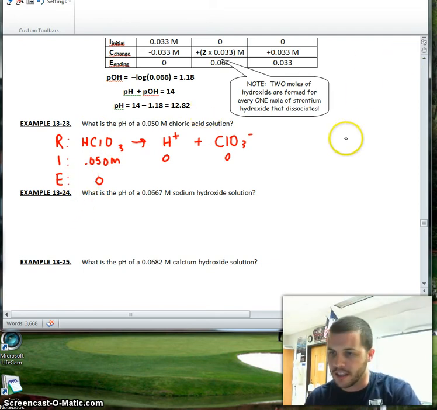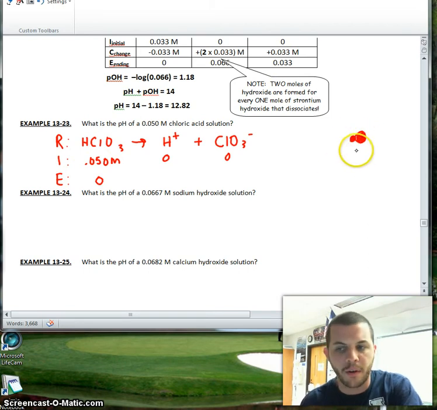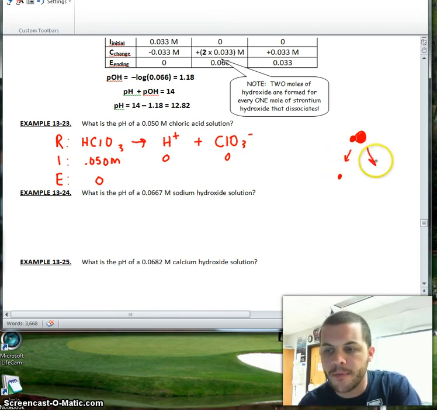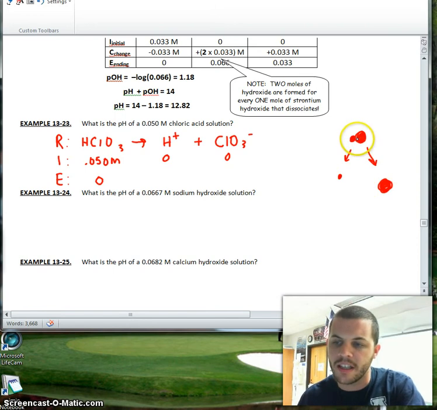Well, let's think about this. Let's say I have H and ClO3 that are stuck together. I have one of these molecules. When this separates, I'm going to have one hydrogen and one chlorate. So one of these gets me one of these and one of these. It does not mean that one of these gets me half of one of these and half of one of these.